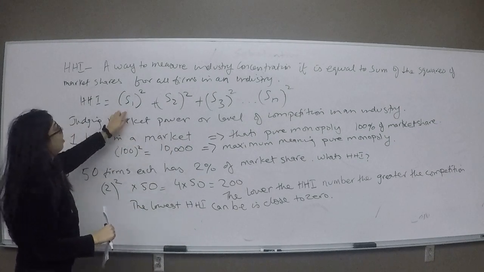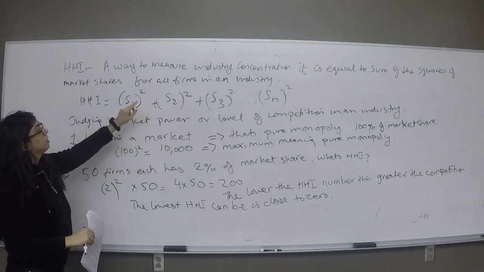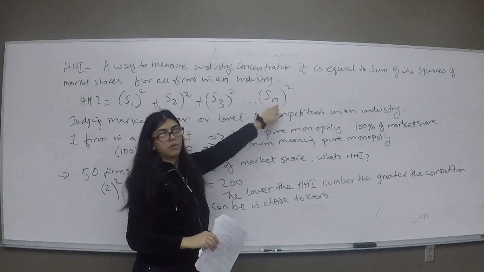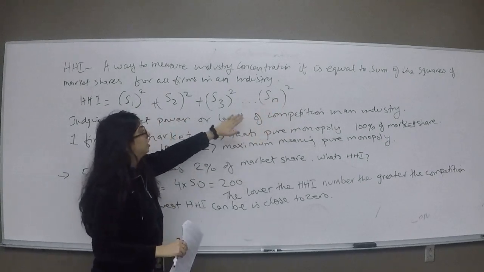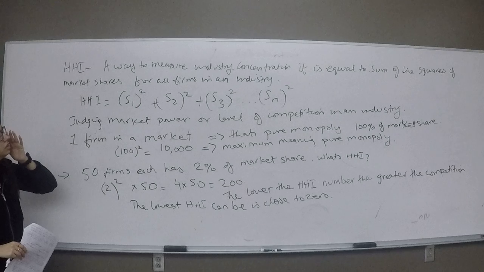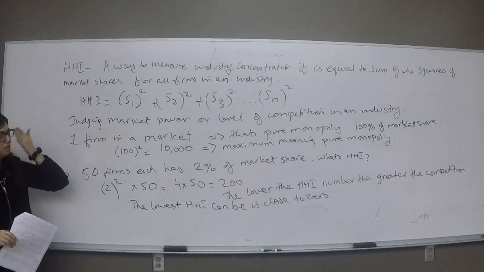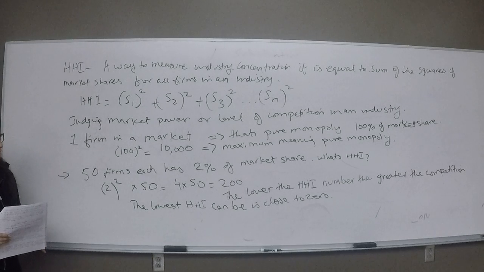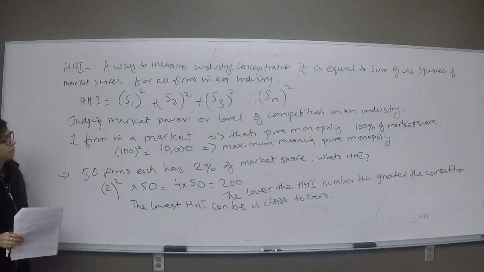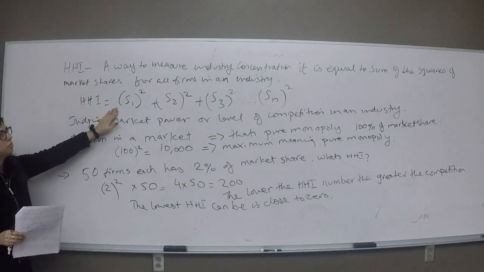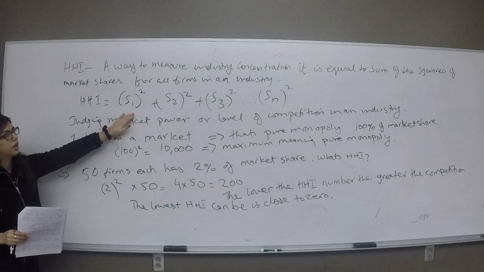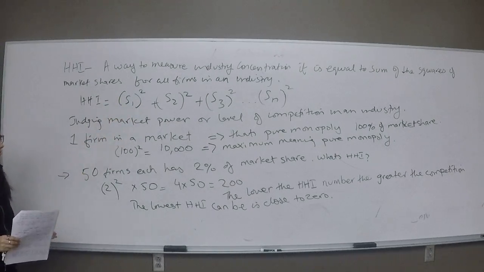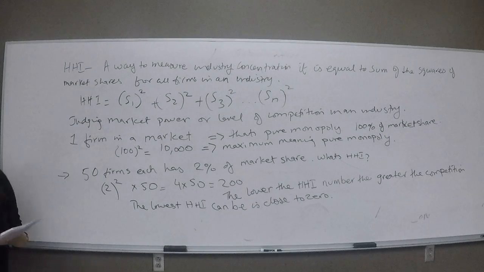So it's a sum of squares of market share, and N is however many firms are in the market, but they're all going to be squares. Sums of squares of market share. Good eye. So HHI is the sum of squares of market shares in an industry. It's all squares.